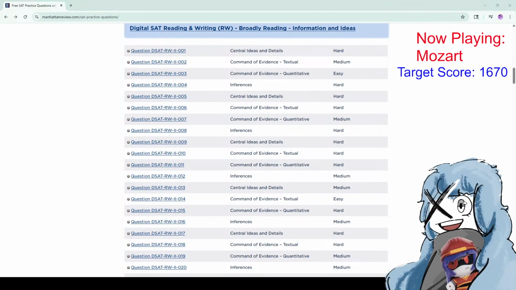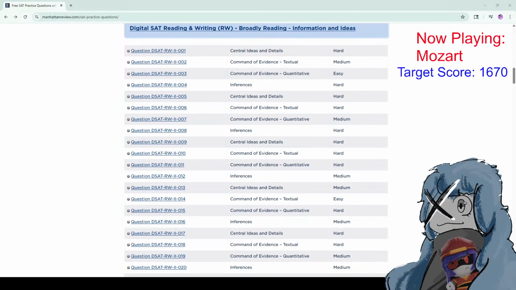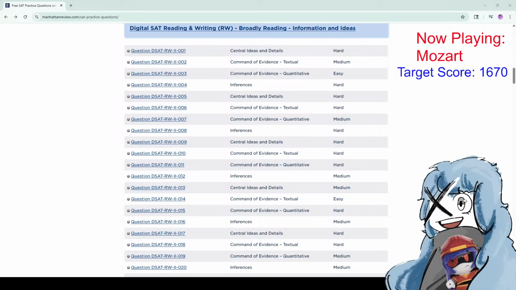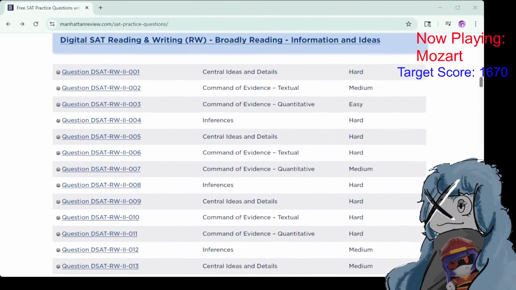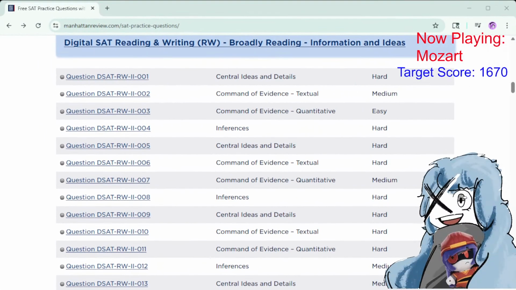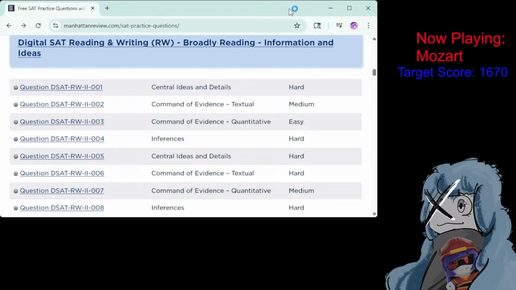Bit hard to look at. I don't think I can look at the stream. Maybe I can. Let me just do something with this. If I do this, like that, I think this works. Yep. Oh, frick!